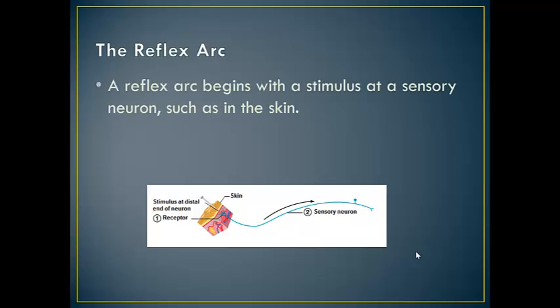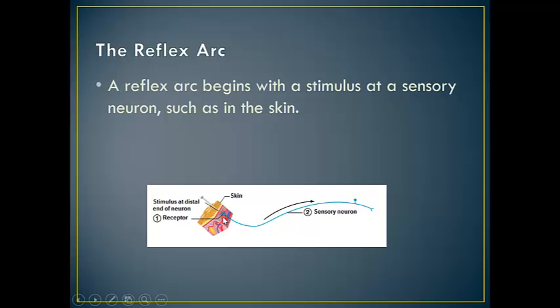Now, the reflex arc begins with a stimulus, like me having a pin shoved into my skin. Ow. It's going to stimulate my pain receptors, my nociceptors, okay? And as it gets sensed, it's sensed by this thing called a sensory neuron.